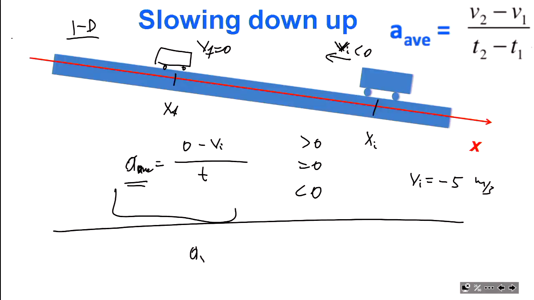Now we can use a negative number to calculate average acceleration. 0 because of this, minus because of this. Now negative 5 because of this divided by time. So is it positive, 0, or negative? Positive. It's all there. Minus 1, this is an invisible 1, times a negative number makes it positive, still positive.